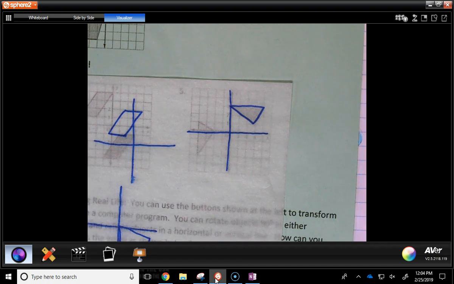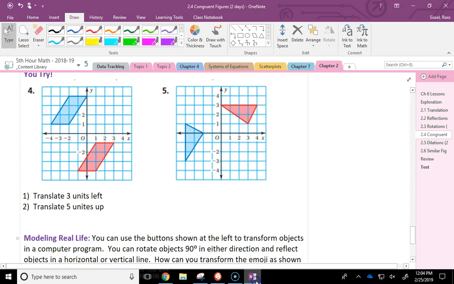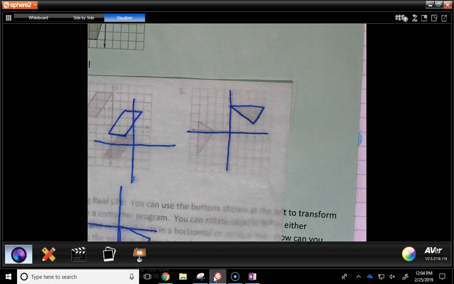Okay. How can we describe this one? How do I go from the pink triangle to the blue one? The pink one was the top right because I had it on OneNote. I'm just going to tell you. Oh, see, we started losing our focus again. Benjamin, what am I going to do first?